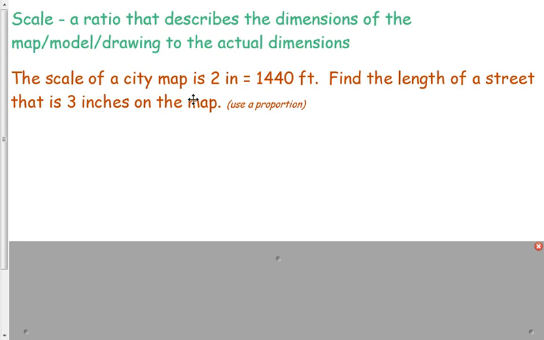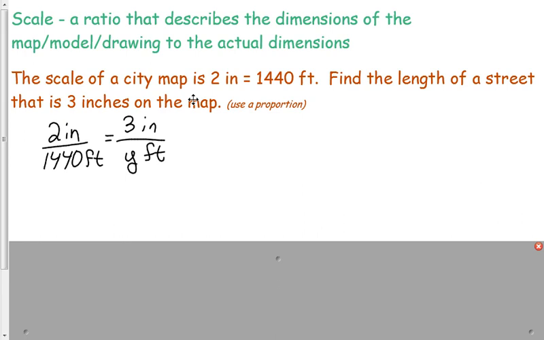Find the length of a street that is 3 inches on the map. So we will start with 2 inches over 1440 feet. That is our scale. So 2 inches over 1440 equals 3 inches over unknown, let's try y this time, y feet.